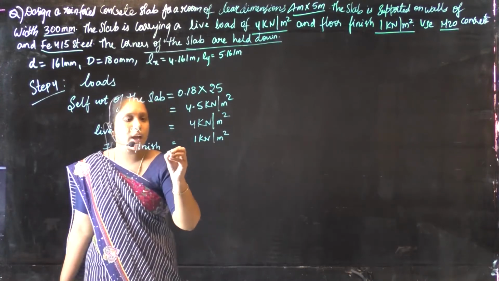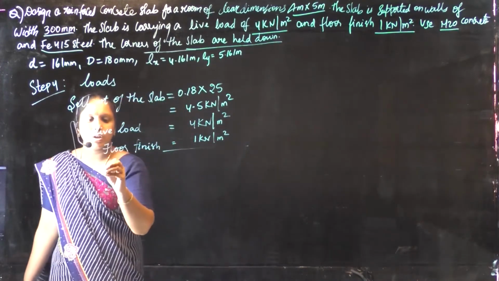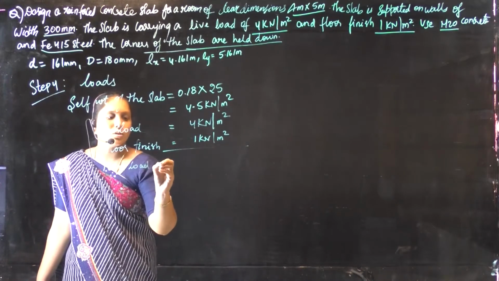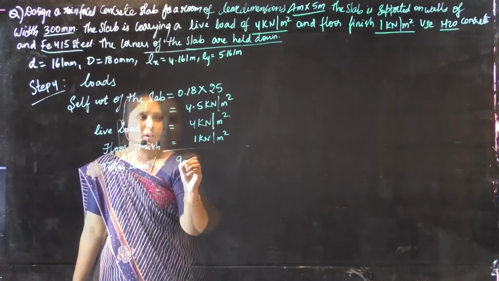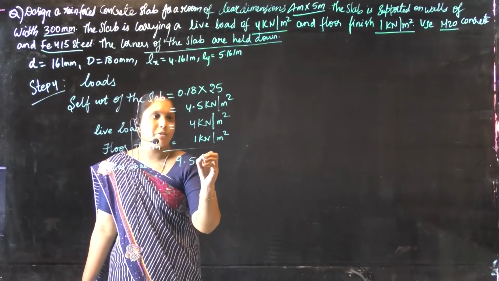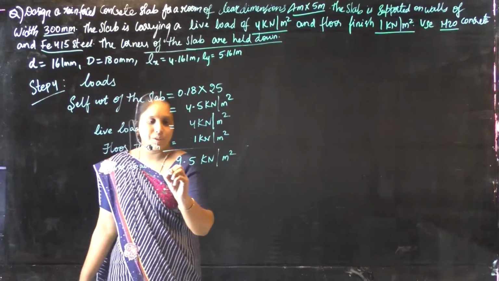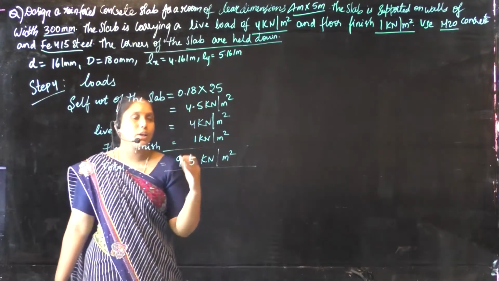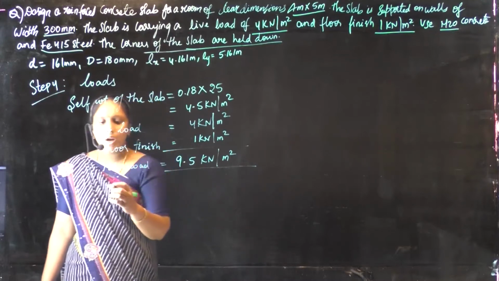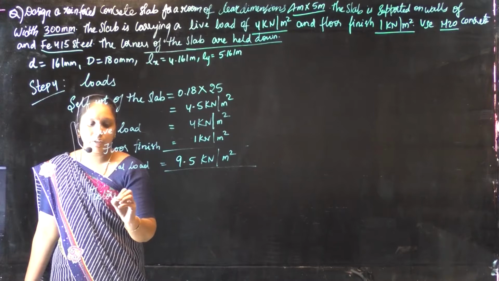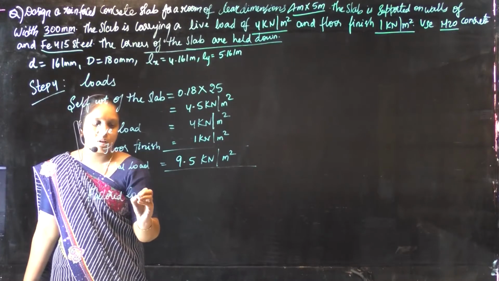From this we have to find out the total load. So the total load will be 9.5 kilonewton per meter square. So this is going to be our total load. But in the design we have to use the factored load.